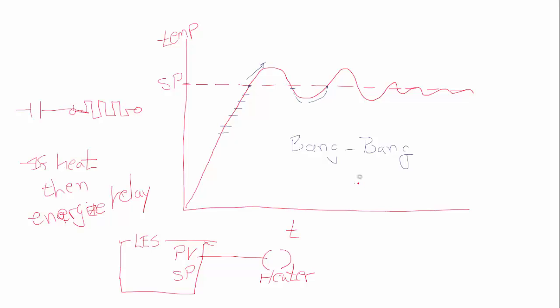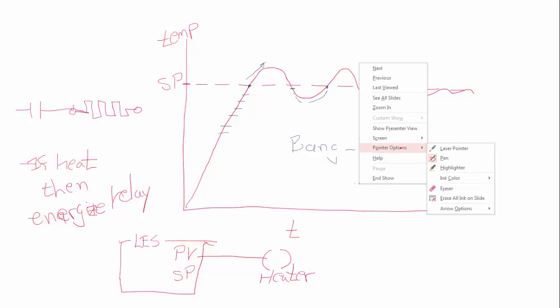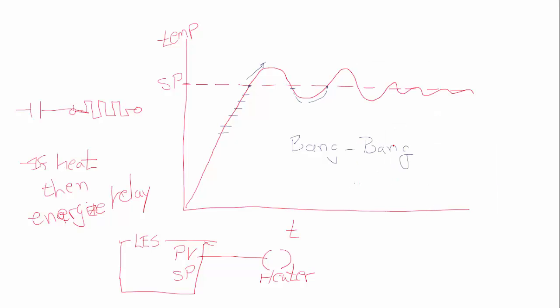So what you can do is put a little bit of dead time in the system. It's not going to be easy to show on here, but I might put some dead time, DT for dead time, in the system, whereby I'm not going to turn this relay on and off as often. I'm going to turn it off here and allow the thermodynamics to take it up to this point.